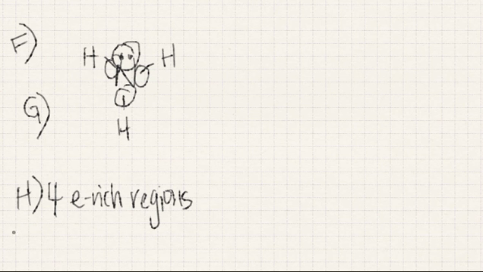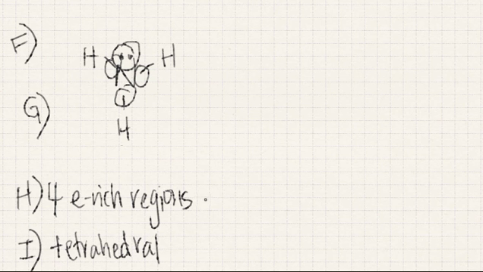Okay, so what is the electron geometry? If there are 4 electron regions surrounding the central atom, we call this tetrahedral. So remember that even the lone pairs count as electron-rich regions. Each lone pair counts as an electron-rich region.